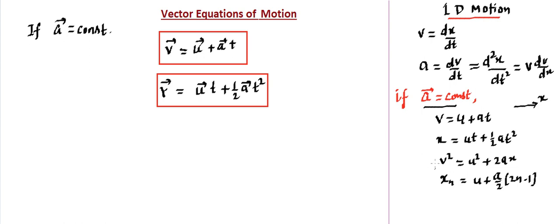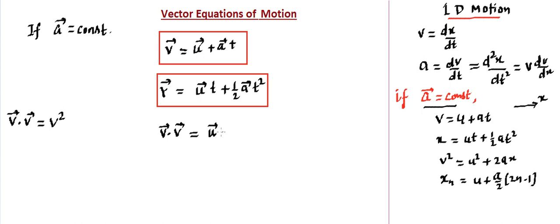Next we can write the third one as well. Now in vectors we know if we have any vector v, then v vector dot v vector gives the magnitude of v square, that means simply v square. So the square of a vector, that means the magnitude square of a vector, can always be written as a dot product. So we will be writing v dot v is equal to, on the right hand side you can imagine what it is going to be.